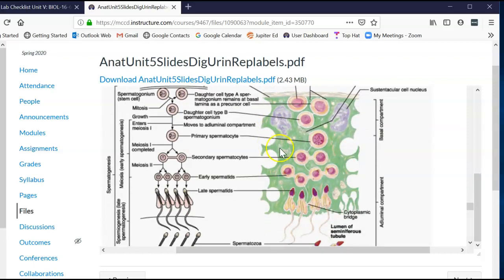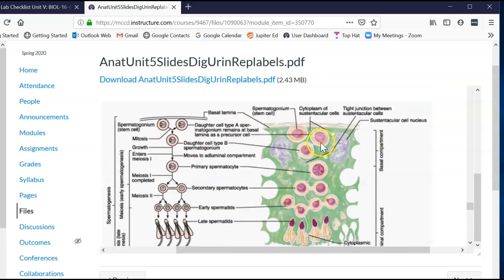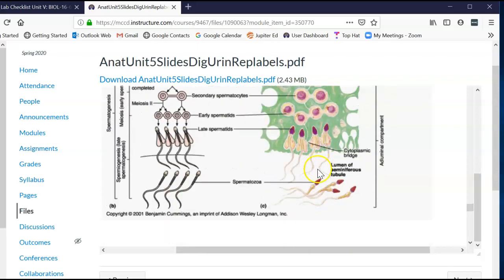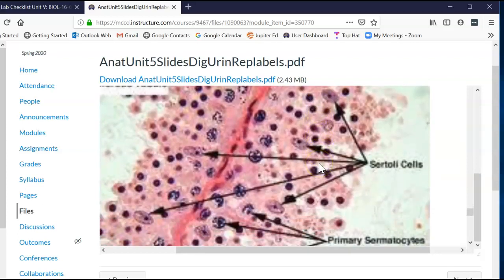There's a nice picture from a textbook that shows you the diagram of the actual division of what's called spermatogenesis. And over here we see a nice little drawing of what the cells would look like. And I think I have some more for you here.